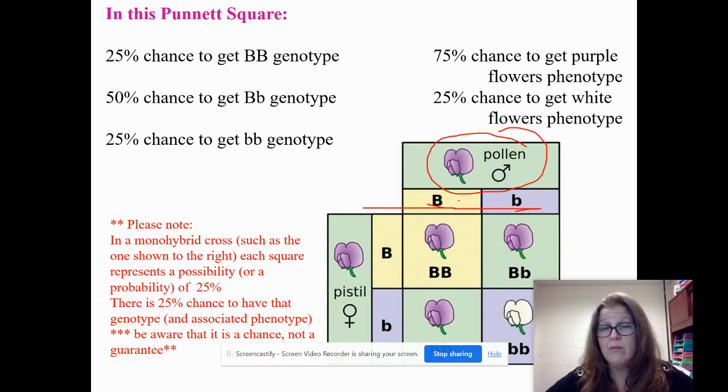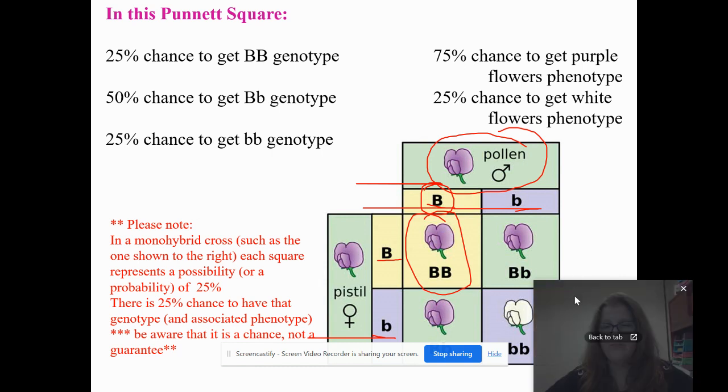So they are purple flowers because they have one dominant allele. The other parent, in this case, the pistil is the female, is also heterozygous. So depending on what is in the eggs and how they combine, if a sperm with a big B combines with an egg with a big B, then we're going to have homozygous dominant offspring.